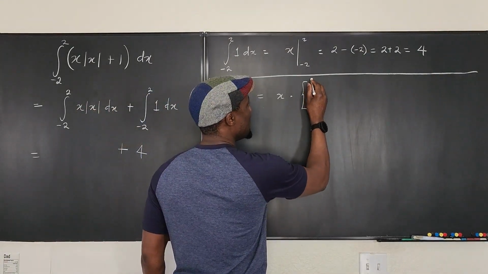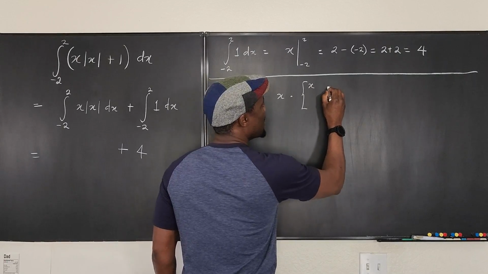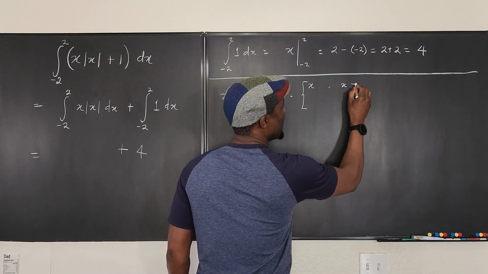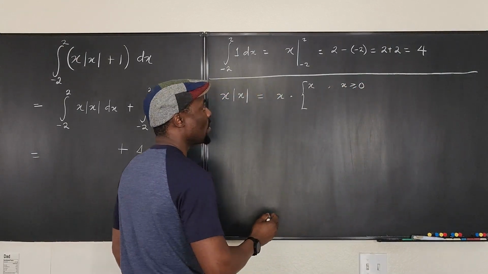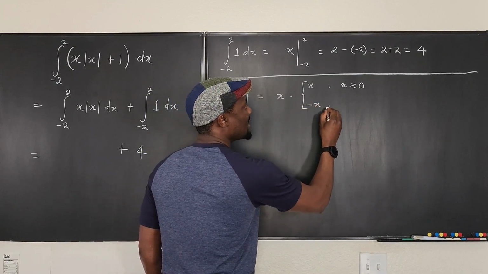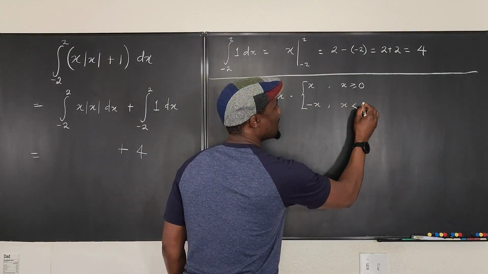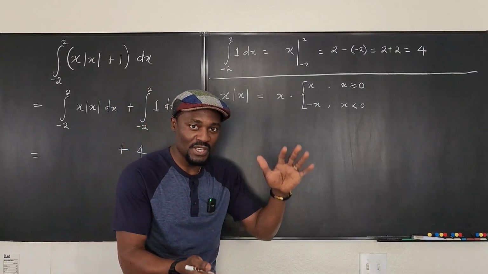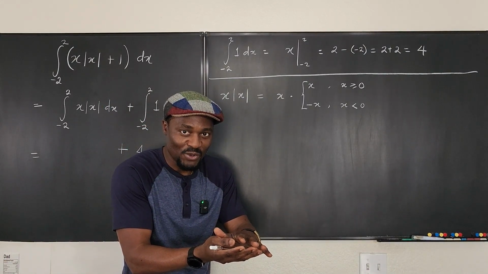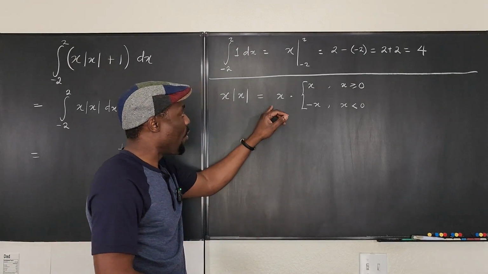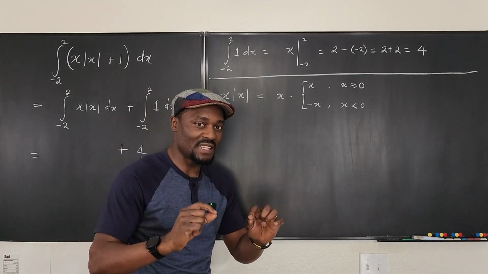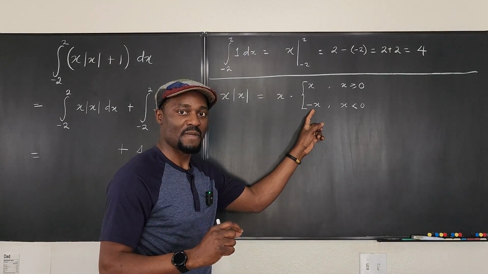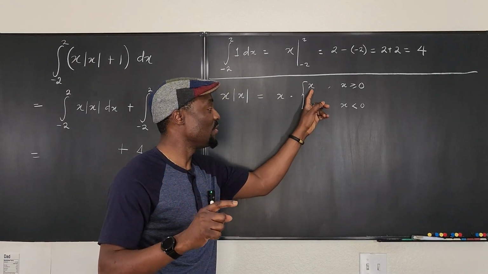It is basically x when x is greater than or equal to 0, or -x when x is strictly less than 0, and that's it. So you're going to get two portions here that you add together. Whenever you have x less than 0, you have to use this. When x is greater than 0, you use this.